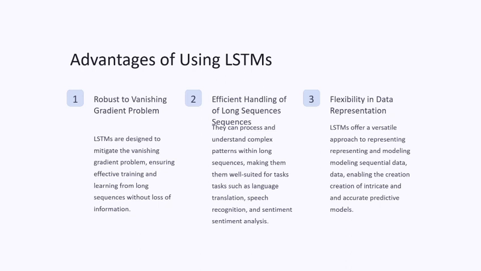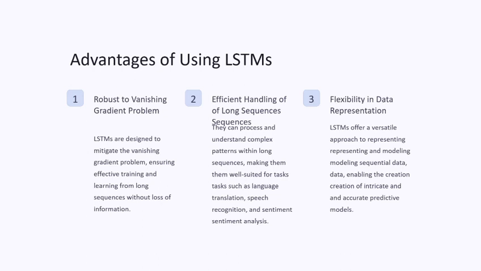Advantages of using LSTMs. First advantage: robust to the vanishing gradient problem. LSTMs are designed to mitigate the vanishing gradient problem, ensuring effective training and learning from long sequences without loss of information.